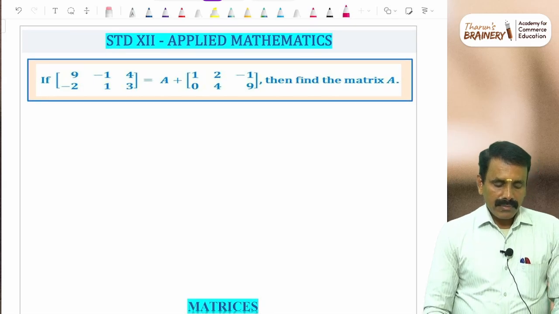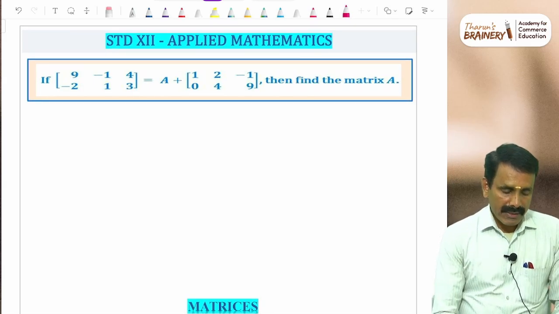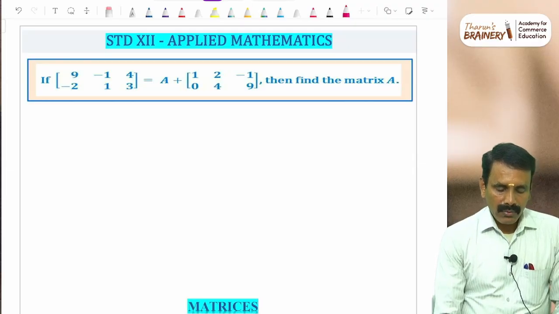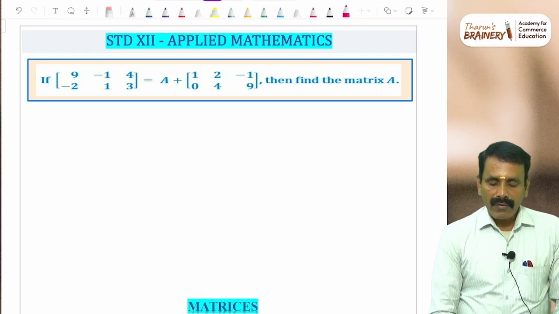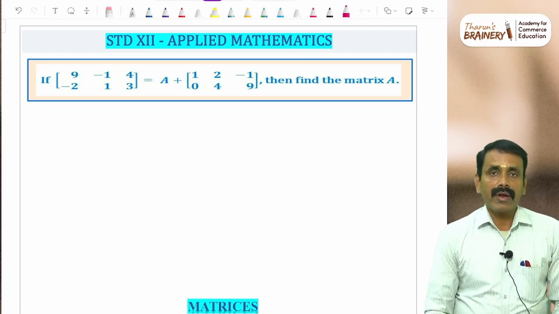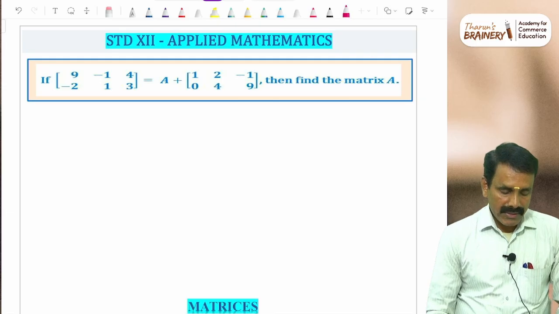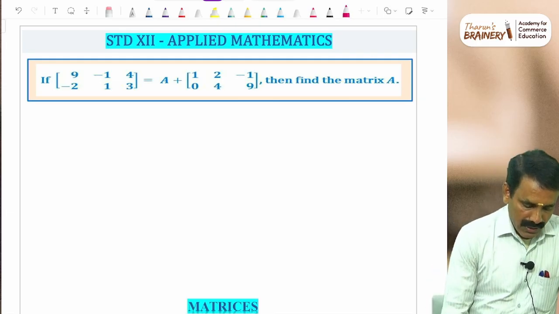Now, see this question: if the matrix 9, minus 1, 4, minus 2, 1, 3 equals A plus the matrix 1, 2, minus 1, 0, 4, 9, then find the matrix A. We are supposed to find the matrix A with this condition. So, what is the question now?